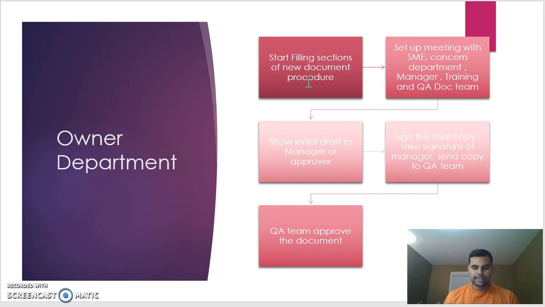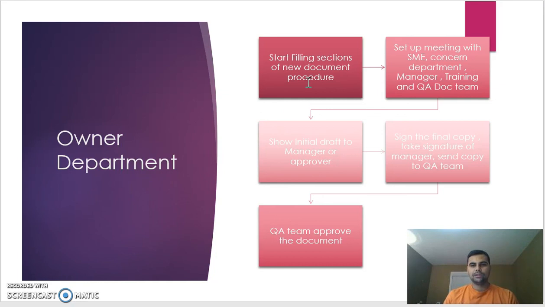Now once all the details are inside an SOP, there are 3 people involved. One is the initiator or creator, the second one is the reviewer, and the third one is the approver. Once you have created it, you give the draft copy to your manager. You say, sir, please have a look at it.